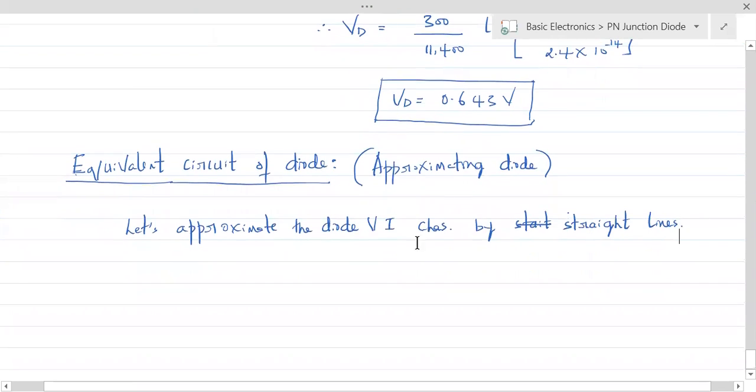Fine. So when we do that, we come across three models. Okay. The first model, here we have three models.